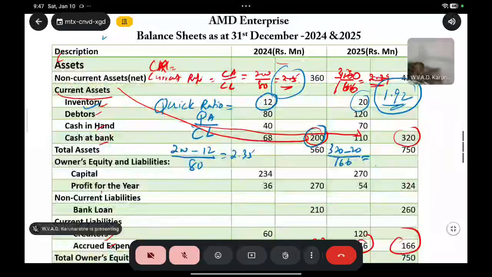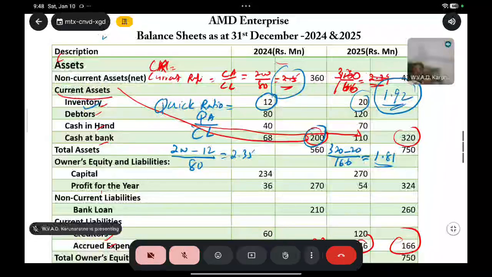Answer is 1.8. 1.807, or 1.81 or something, no? Right. Then again we can see a similar type of impact in this quick ratio as well.